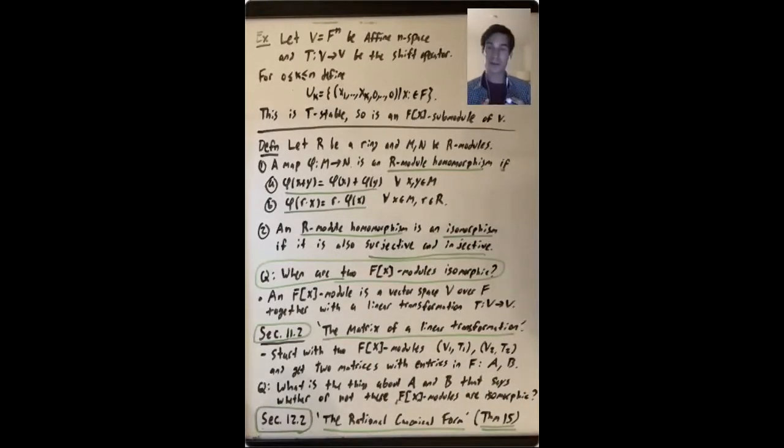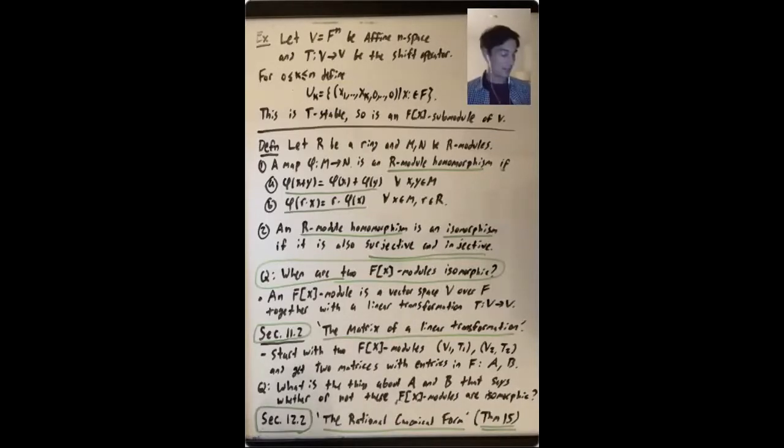All right, so now there's this question. You start with two F[x] modules. You get two matrices. So what is the thing about these two matrices that answers this question? What is the thing about A and B that says whether or not the corresponding F[x] modules are isomorphic?